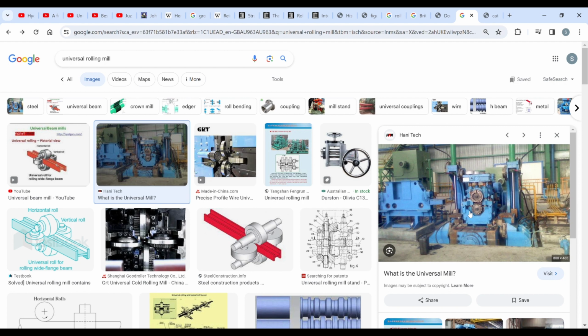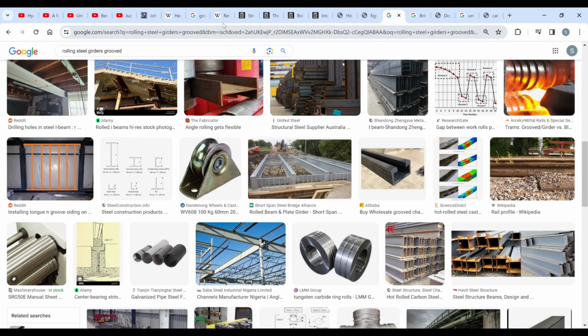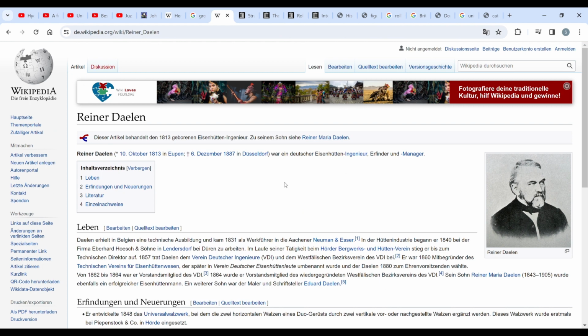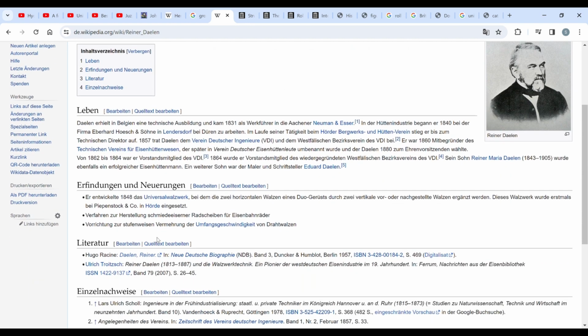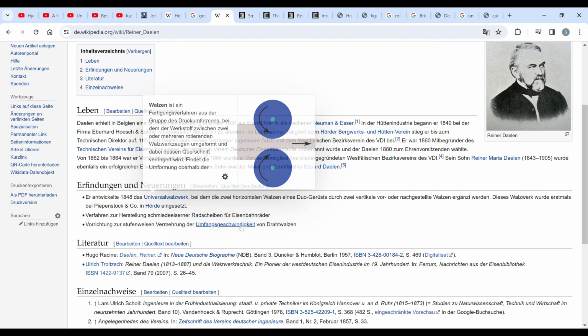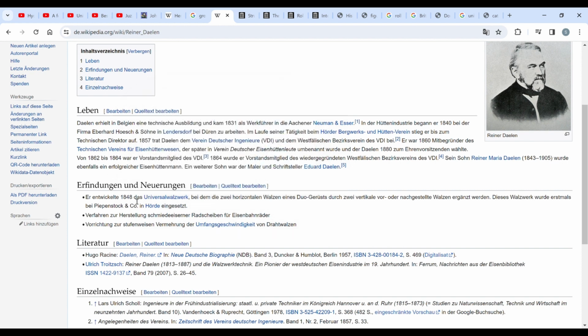Mr. Arrowsmith of Bilston, we'll get into him a bit more in detail later in the video, but a few years after him, in 1848, Reinhard Dahlen of Germany built the universal rolling mill, which he called a universal Walzwerk in 1848.